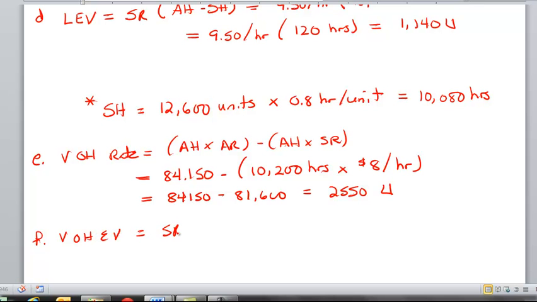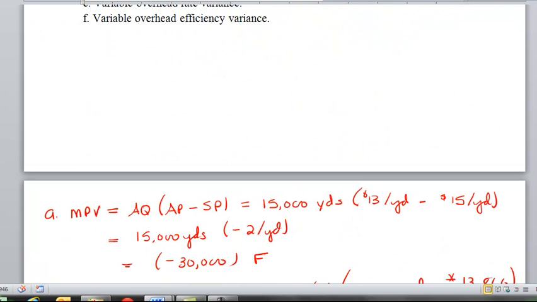That is the standard rate times actual hours minus standard hours. The standard rate, we already know because we just used it, is $8 per hour. My actual hours we know is 10,200 hours. Standard hours we calculated for our direct labor variance.